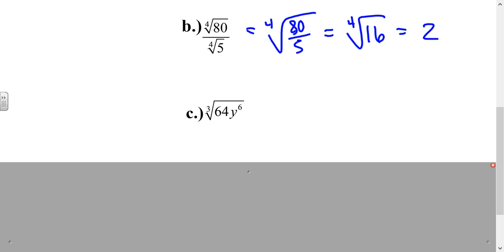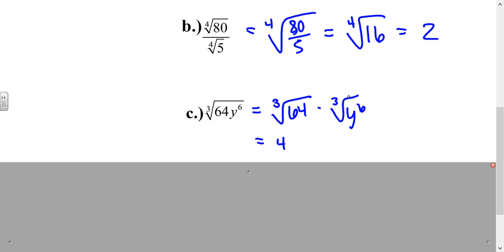If it's not, then we have to break it apart. Fortunately for us, 6 is divisible by 3, so it's just 2. And you really don't even have to break those apart. You can just do each part separately. So the cube root of 64 is 4.